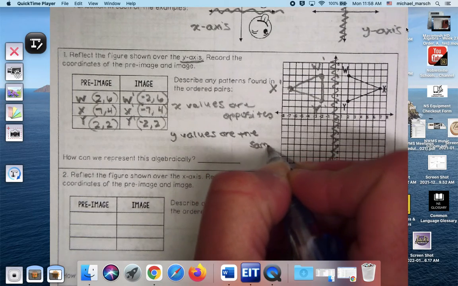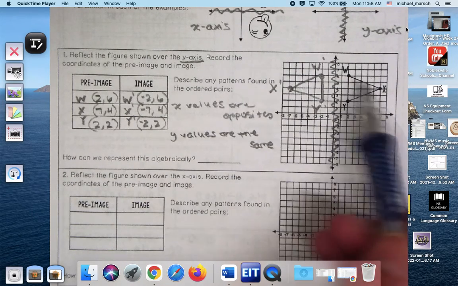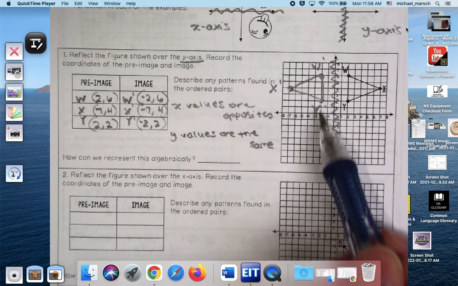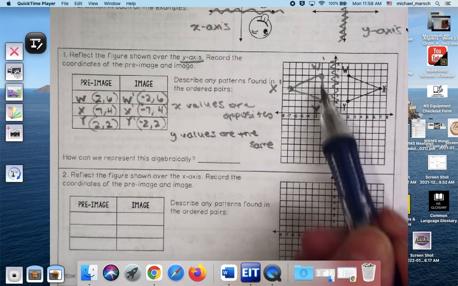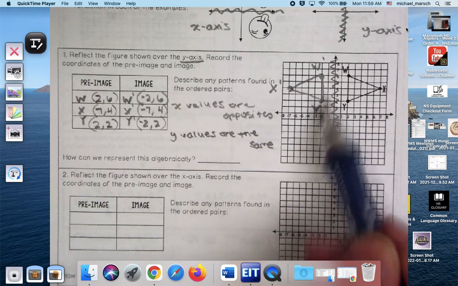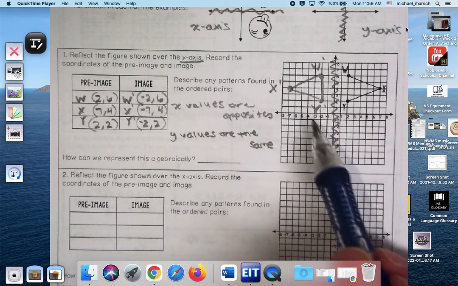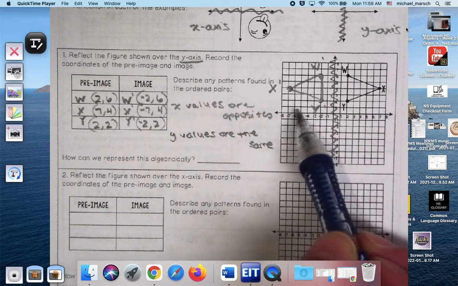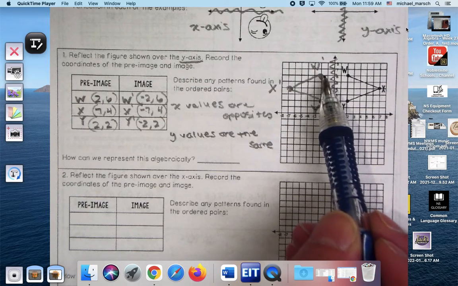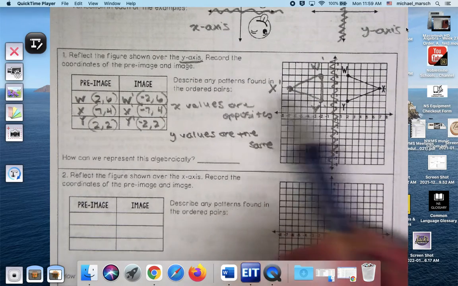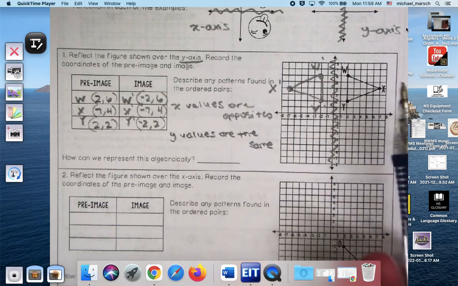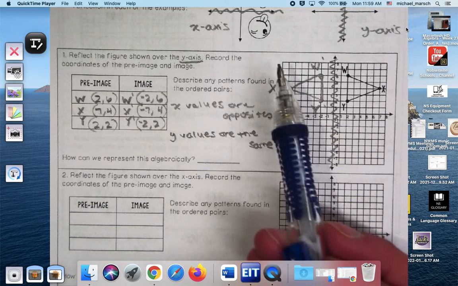What's happening is, because we're flipping over the y-axis, we're still going the same distances from the x-axis, right? So I'm not going to change this. It's still going to go up 2, up 4, and up 6. But my x values are now in the negatives, so they have to be the opposite.